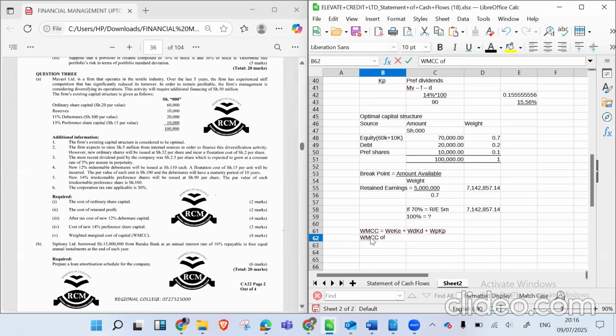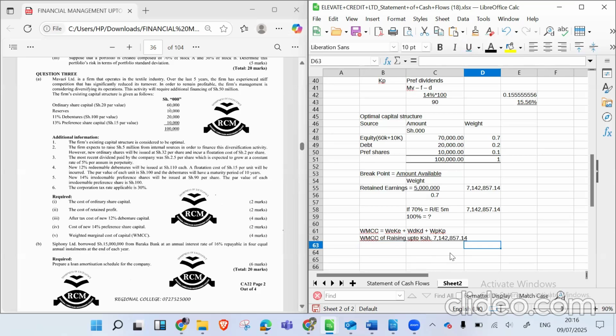of raising up to Kenya shillings 7,142,857.14. So WMCC of raising up to that much.